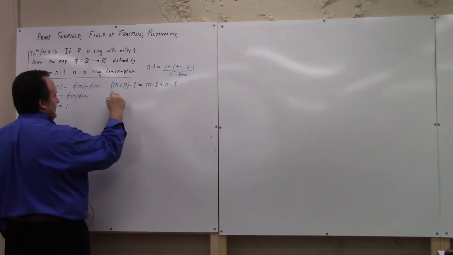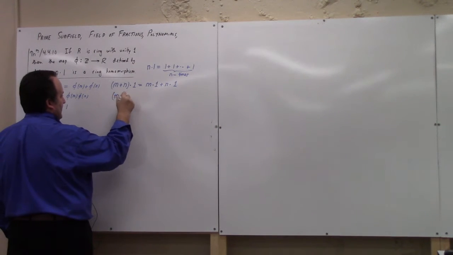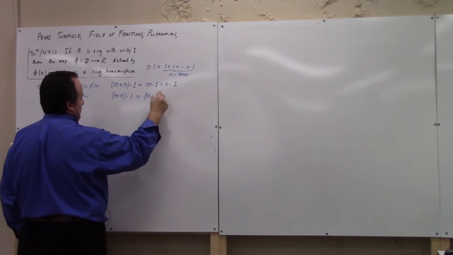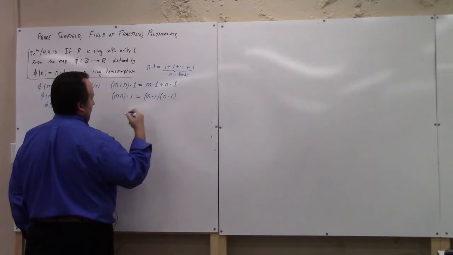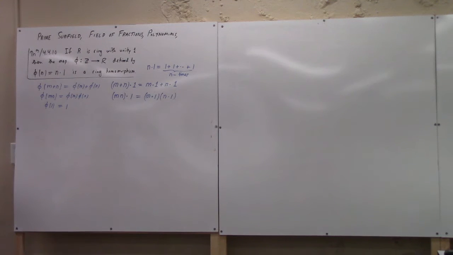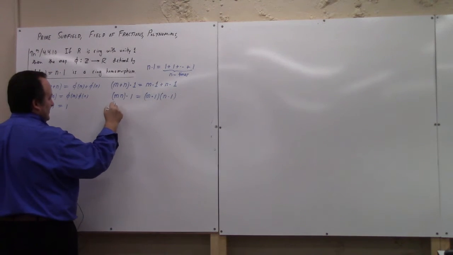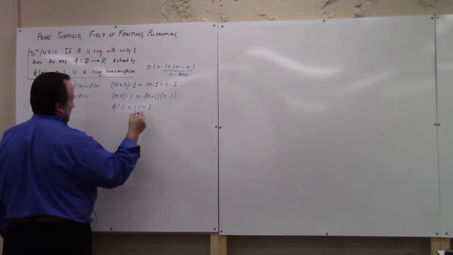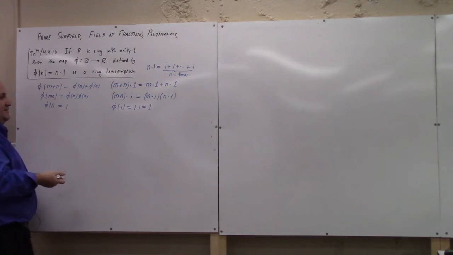And likewise here, mn times 1 is equal to m times 1 and n times 1, and you can also prove that. And phi of 1 is easier. Phi of 1 is 1 times 1, which by definition is 1. Add 1 to itself one time, you get 1, so yay.